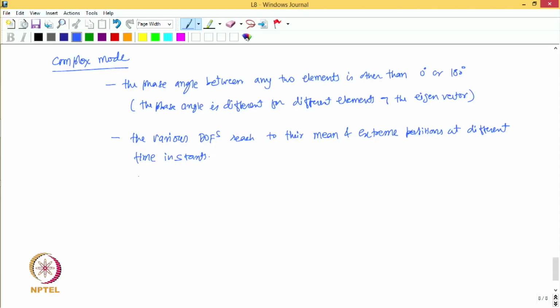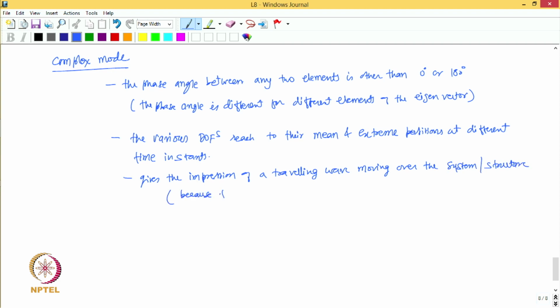Therefore, it gives the impression of a traveling wave moving over the system or structure, and this happens because the node positions of the mode are not stationary, they keep on changing their position.